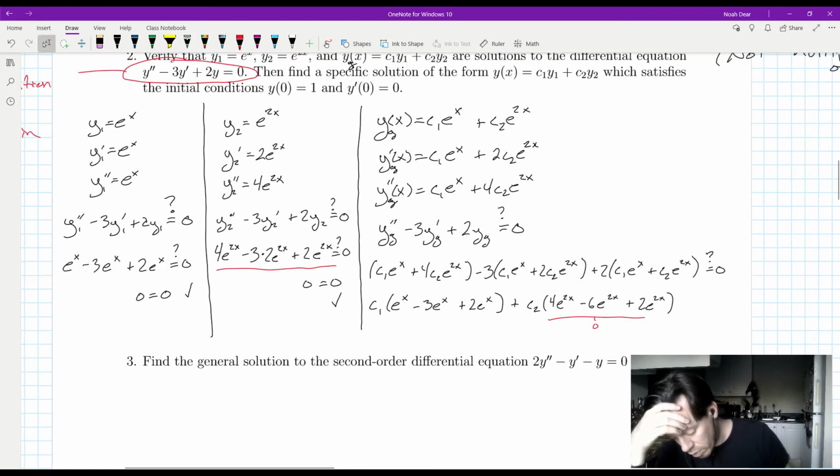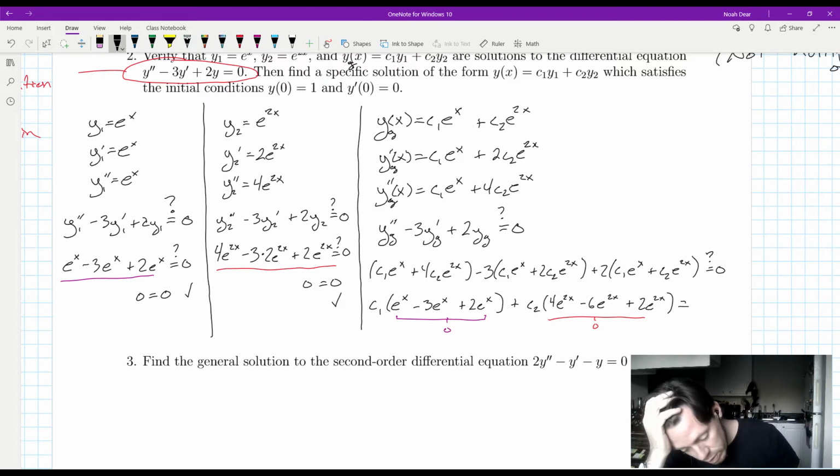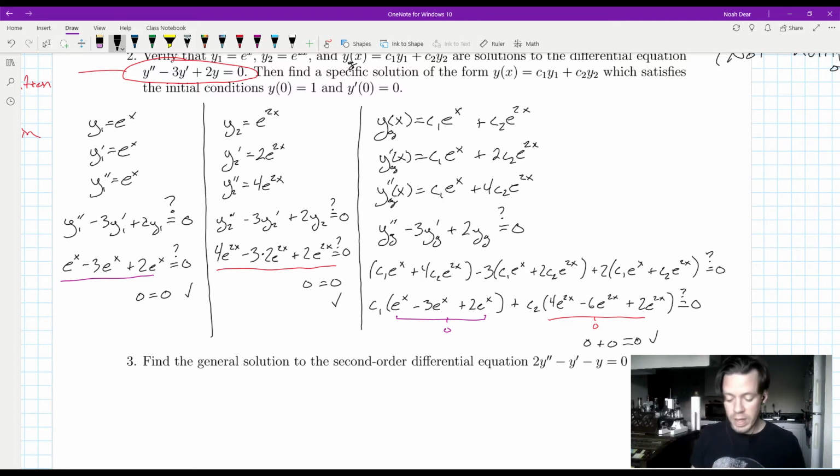Back out. So this other one we got over here, this is y1 double prime minus 3y1 prime plus 2y1. So this adds up to 0 as well by our previous work. So when we ask, does this equal 0? The answer is 0 plus 0 equals 0, yes. So this also is a solution.